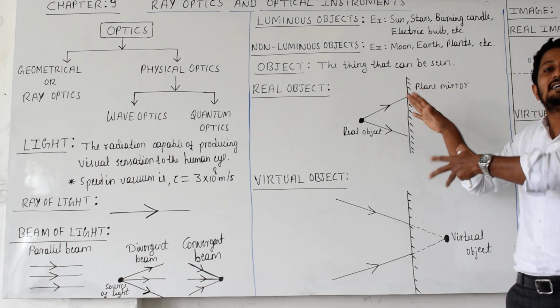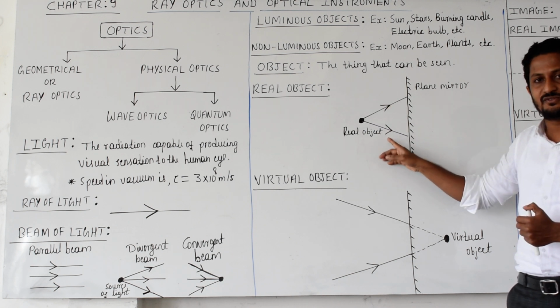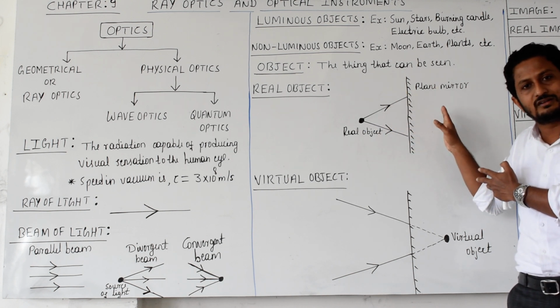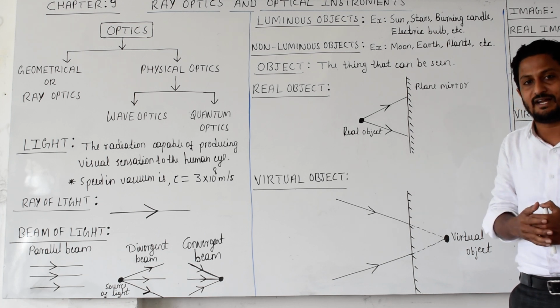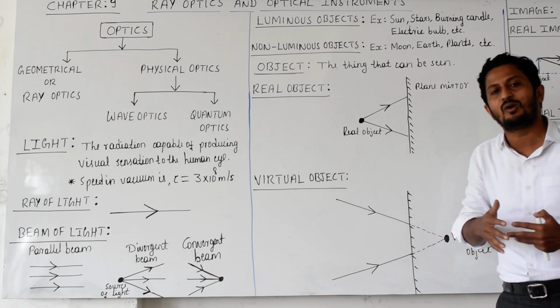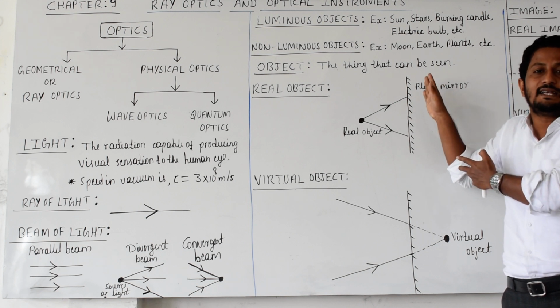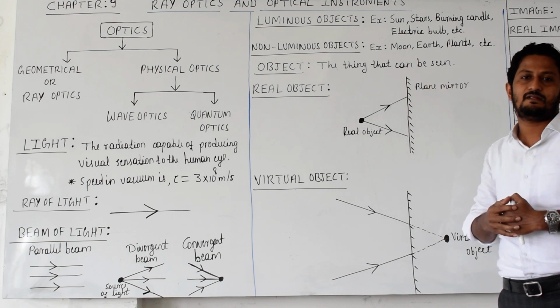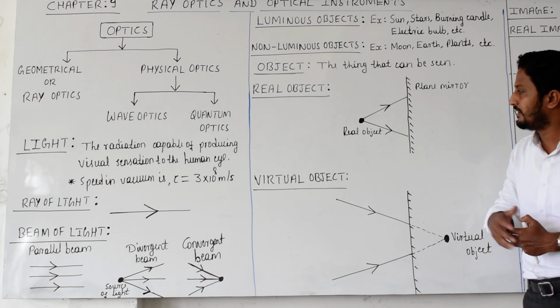They are going and incident on that. So those light rays which are going to fall on that element are called the incident beam of light. Why do we call them incident? Because they are going and incident on that mirror.